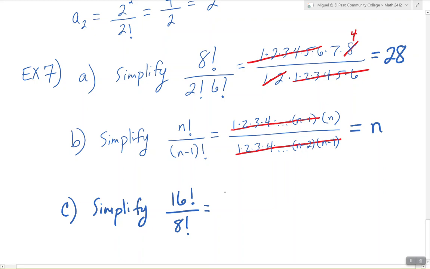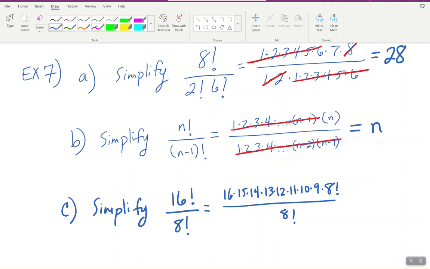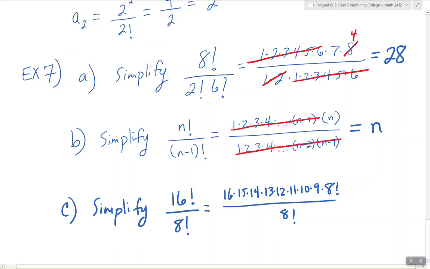If I think about it like this, I can say this is 16 times 15 times 14 times 13, 12, 11, 10, 9, 8, and then from 8 it keeps going down. So I'm going to stop here and just put a factorial sign because I know I have an 8 factorial on the bottom. So I know for sure that 8 factorial will cancel out with 8 factorial because they are the same value.